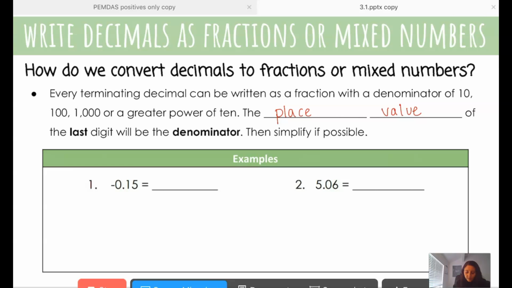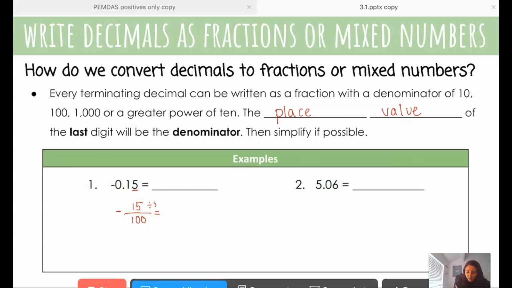In number 1, we have the decimal negative 0.15, which is a rational number. And the 5 is in the hundredths place value. So since that's the last digit and it's in the hundredths place value, we're going to put 15 over 100. And it was negative. So this is negative 15 hundredths. And now all we have to do is simplify.